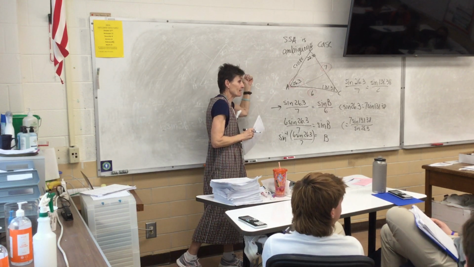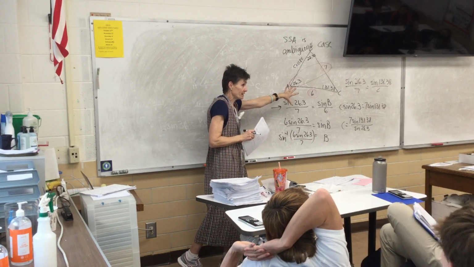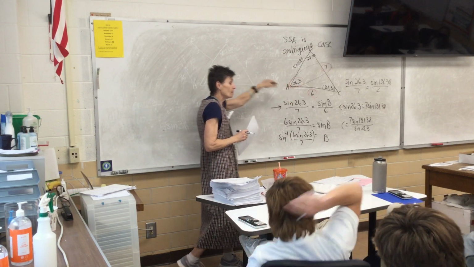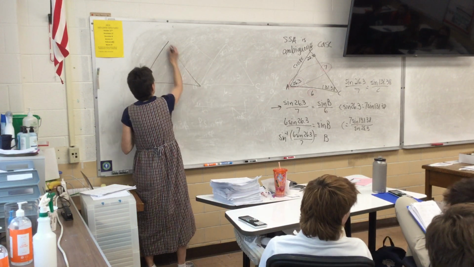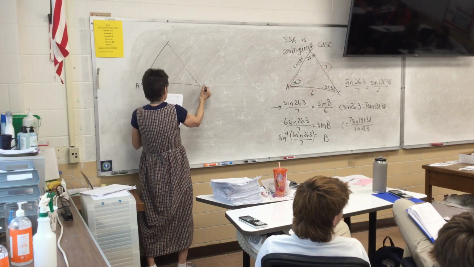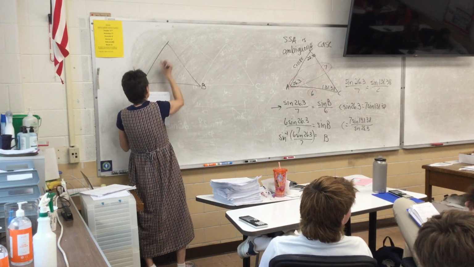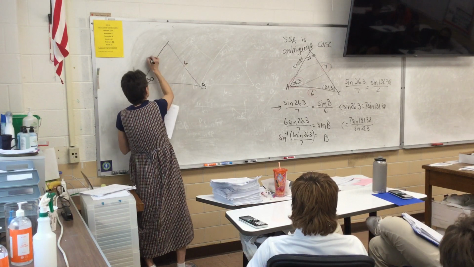We were checking to see if there's another one. There's that one. That one's fine. That one works. But the other one wouldn't because the second angle is too big. All right, let's try again and see if we can make sense of this.